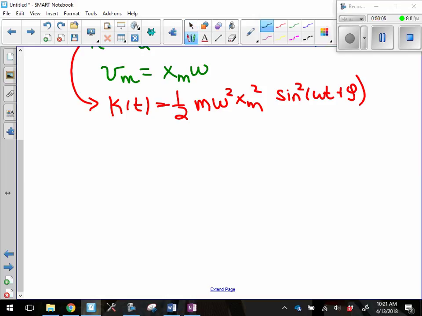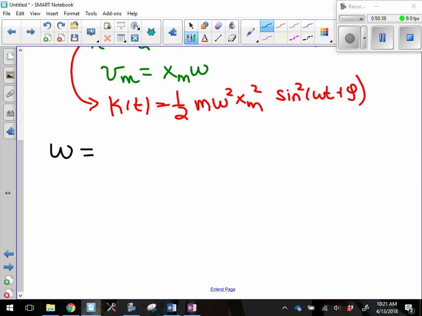But a couple slides ago, we talked about ways I could write omega, especially when I had a mass on a spring. What was that way that we could write omega? Not 2 pi f.